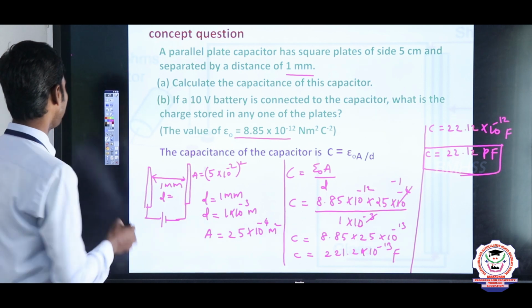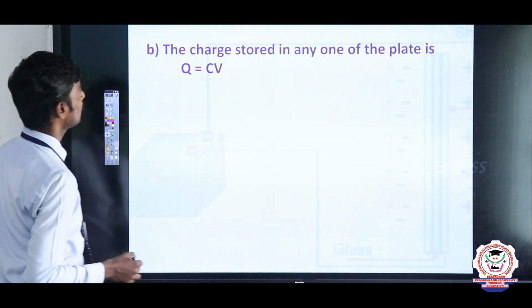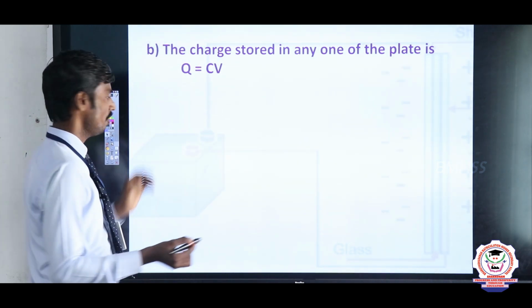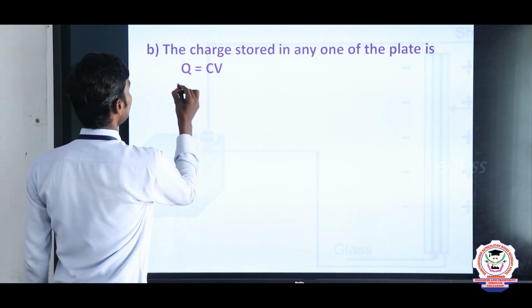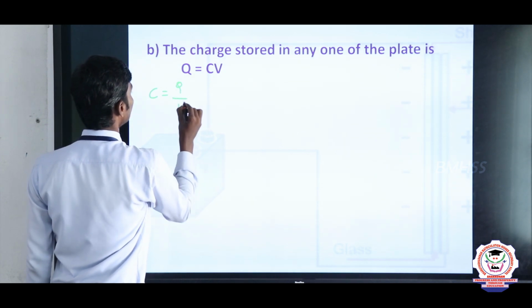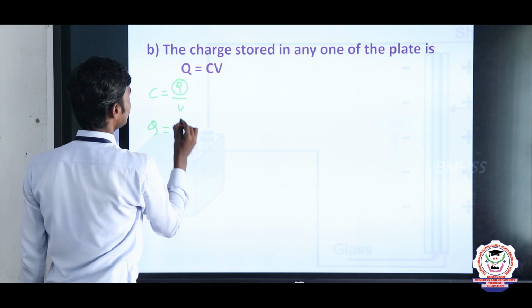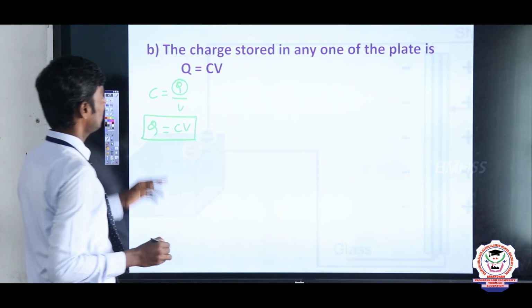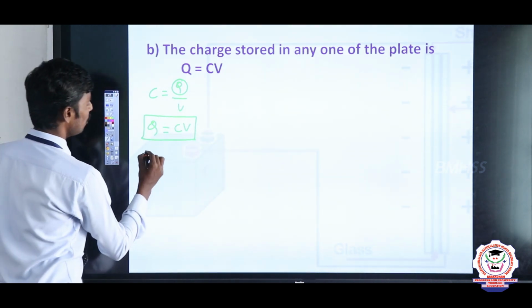So rearranging the formula, the charge stored in any one of the plates is Q equals CV. Here the given data is V equals 10 volt.